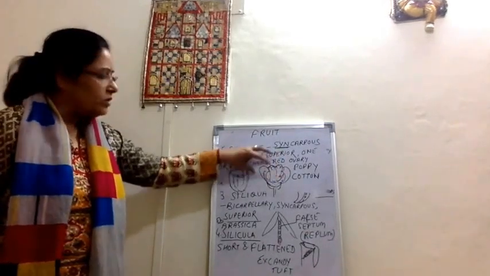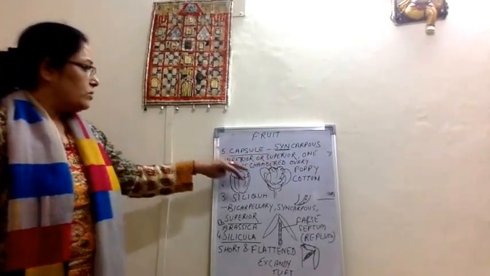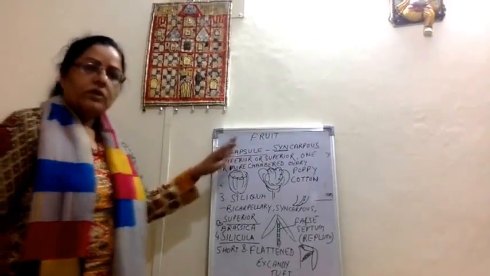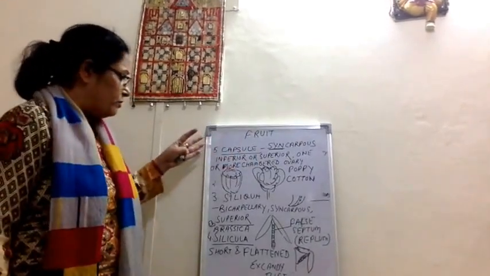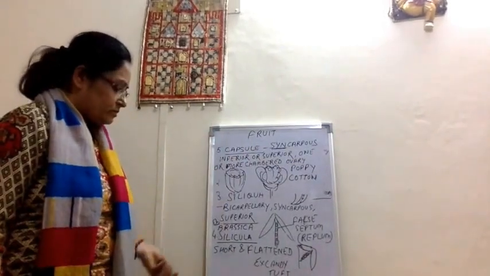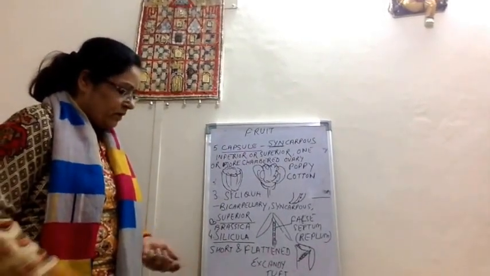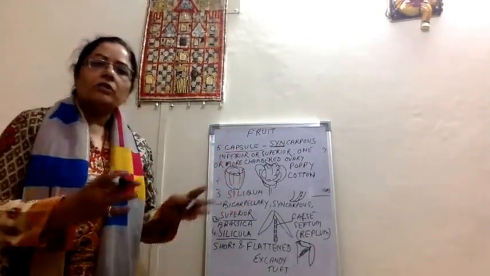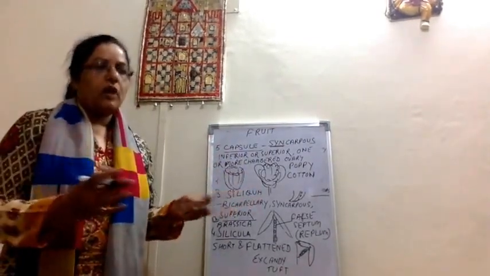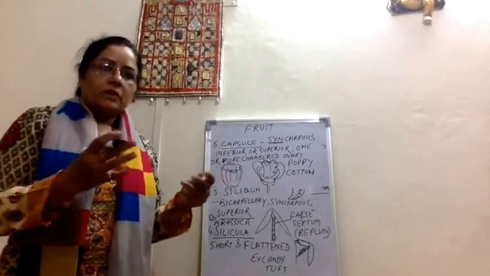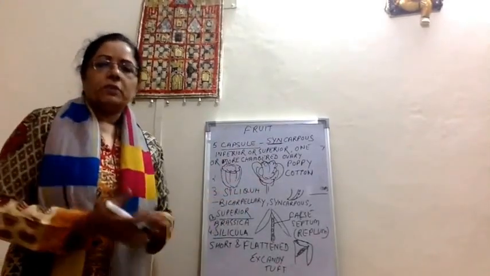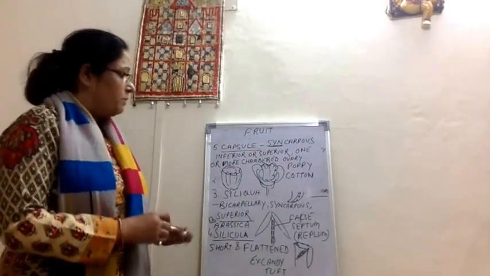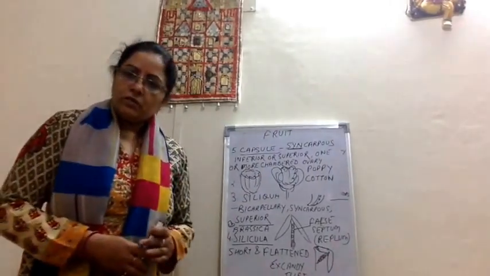Cotton is enclosed in a boll, so this is a capsular type. These are the two types, fleshy and dry fruits. These are dry fruits. This depends upon the dehiscence, how the fruit splits open after maturity. So they all depend on that. So this is all about the fruit today.